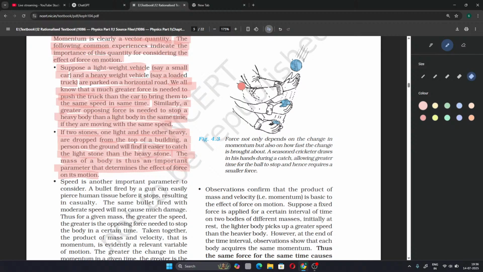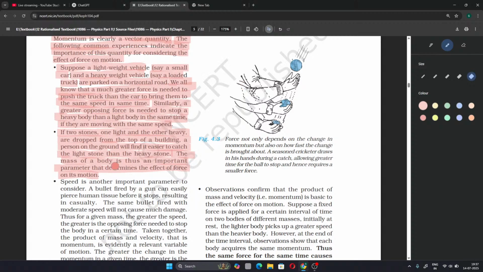And in the case of the stone, where we throw a light stone, or a ball we can say, from the top of a building and compare it to a large boulder, a person can easily stop a small ball. But what if it was a big boulder? He can't stop that.